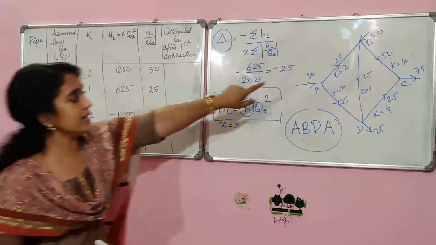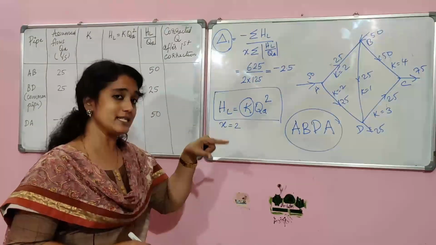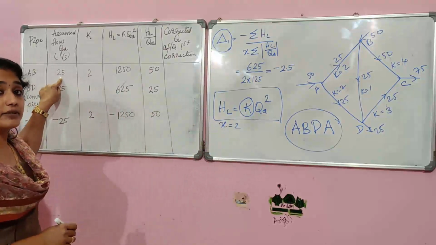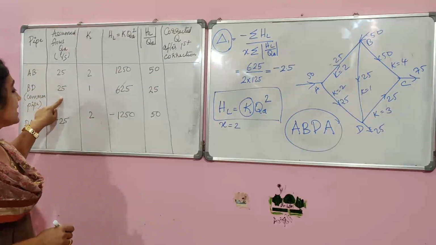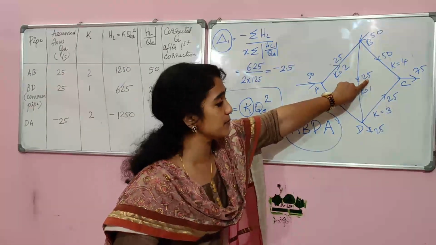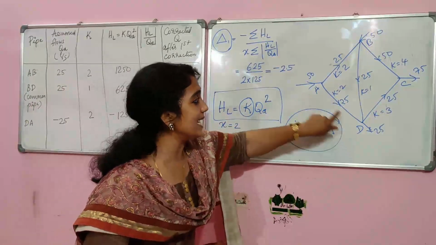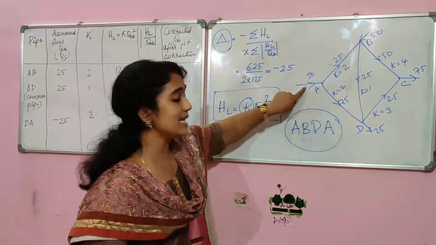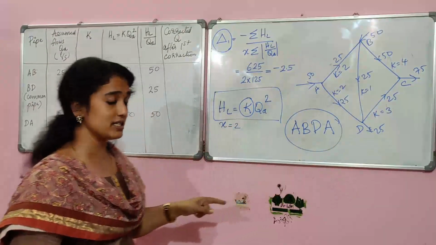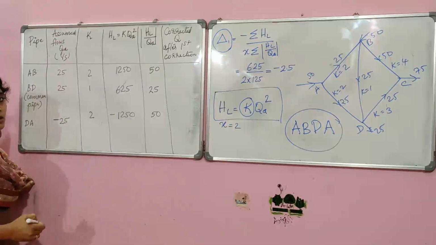For AB it is 25, in the clockwise direction, so the sign convention is positive. Next BD is also in the clockwise direction, 25 liters per second, also positive. Next is DA, not AD, it is DA. Here the flow is in the anti-clockwise direction, so you have to give a minus sign, that is minus 25.